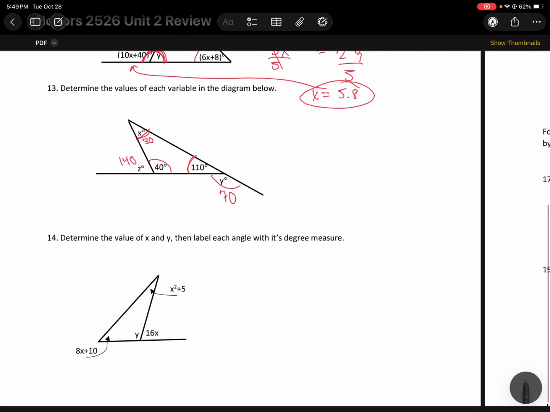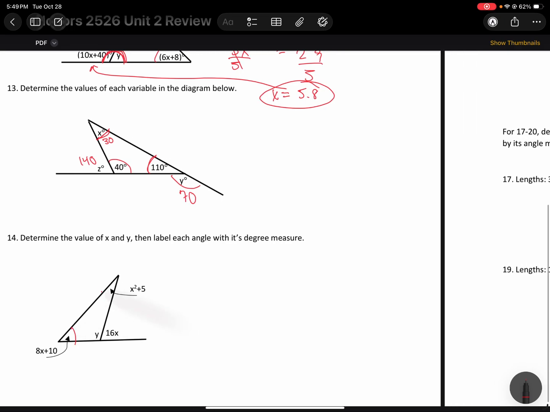All right, question 14. Determine the value of x and y and label each angle with its degree measure. Okay, so it looks like we can use the exterior angle theorem with these two to find this. So x squared plus 5 plus 8x plus 10 is equal to 16x. Then to factor, we need to set one side equal to 0, so subtract 16x from both sides.